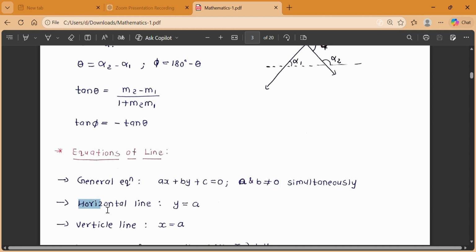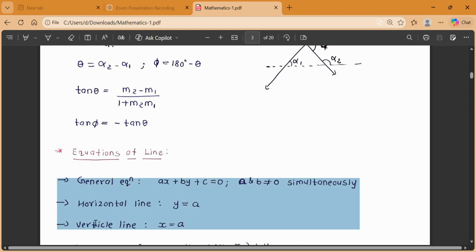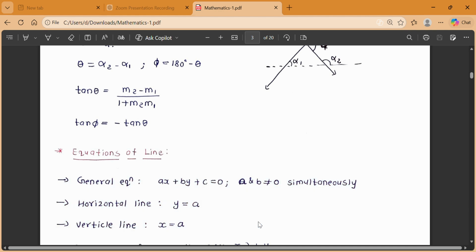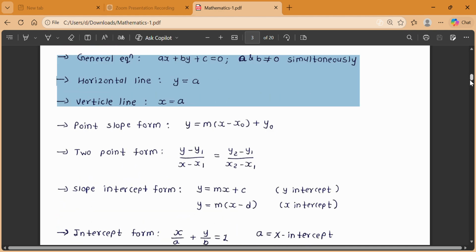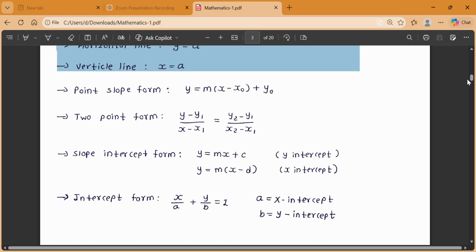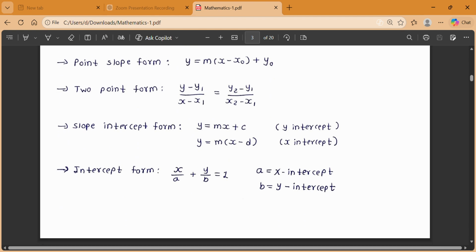Horizontal line y equals a and vertical line x equals a. Point-slope form: y equals m(x minus x naught) plus y naught. And two-point form: (y minus y1) upon (x minus x1) equals (y2 minus y1) upon (x2 minus x1).